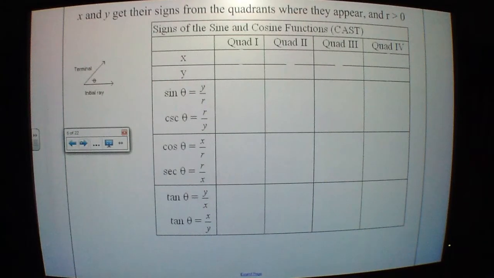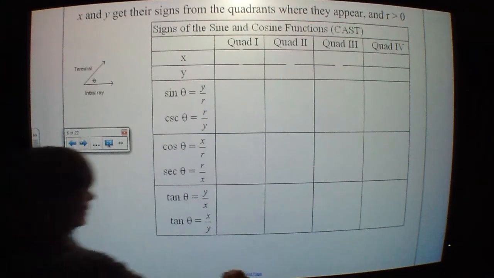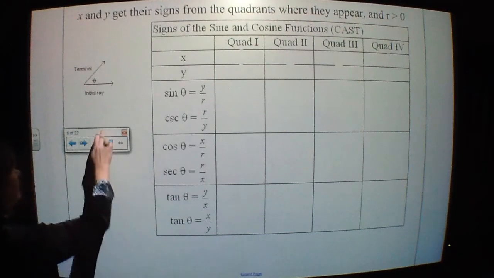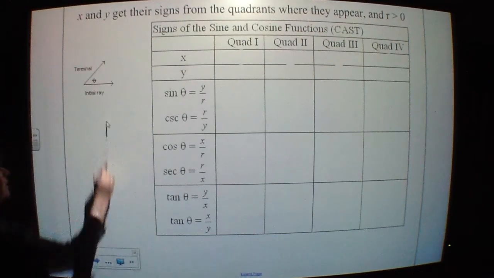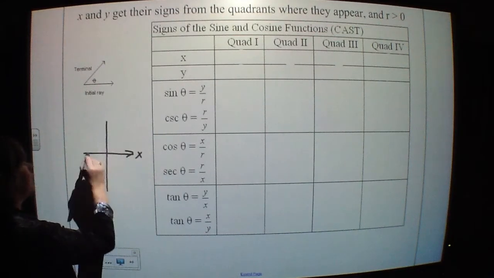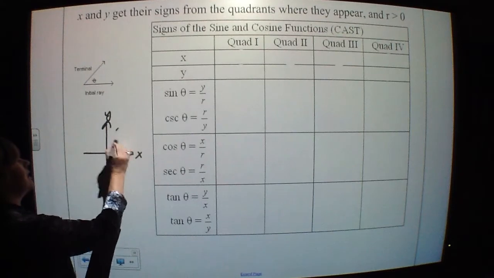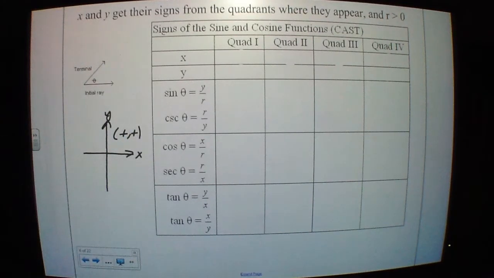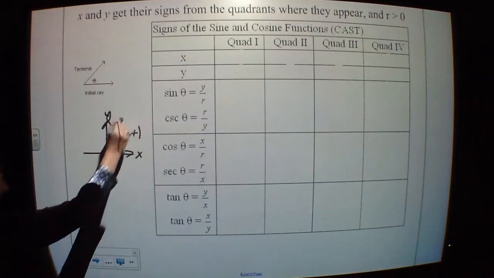So remember what quadrants you're in. If you're in the first quadrant, everything's positive in the first quadrant. And you should know that. There's x-axis, this is y-axis. In this quadrant, x and y are both positive. And that's my first quadrant.